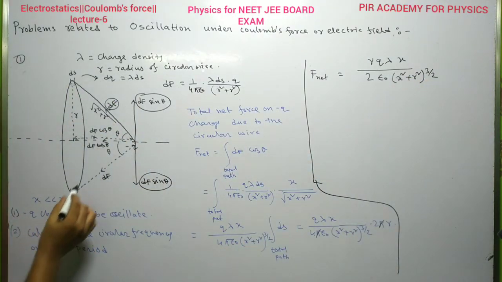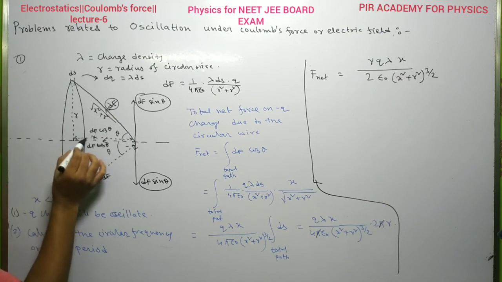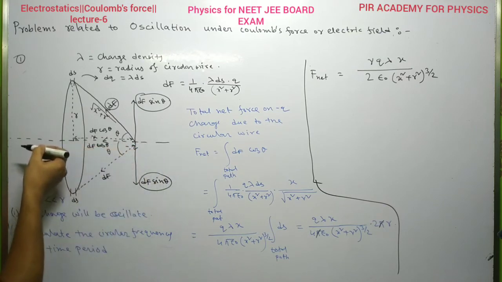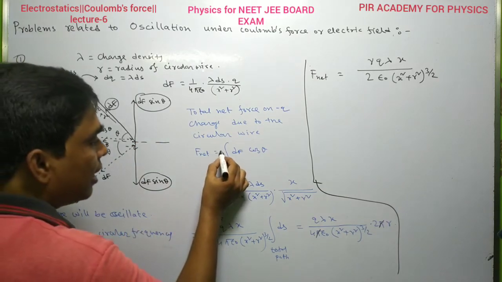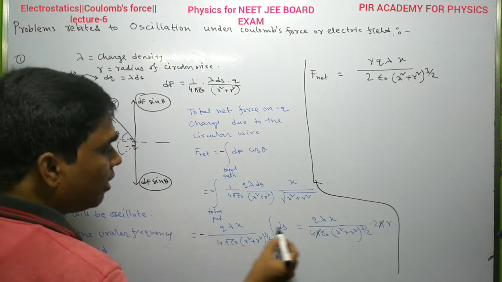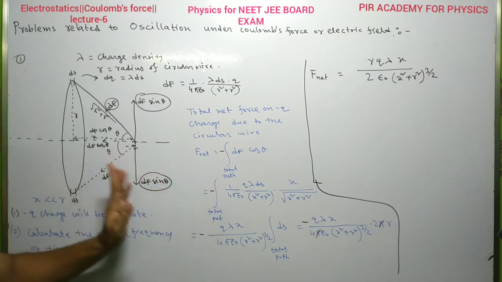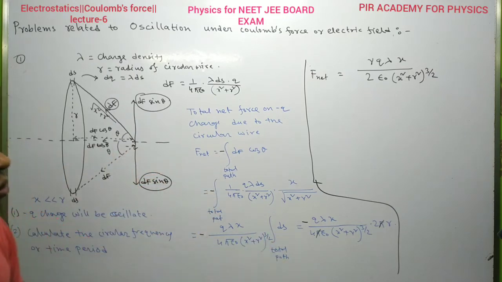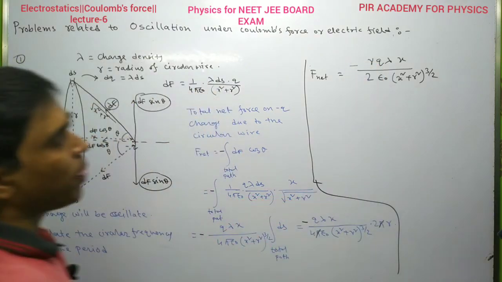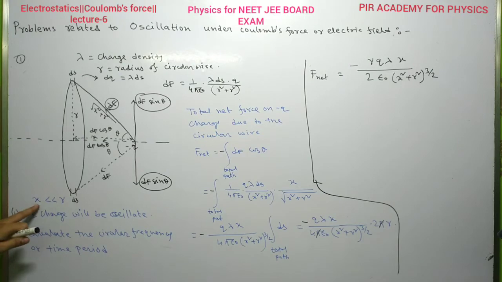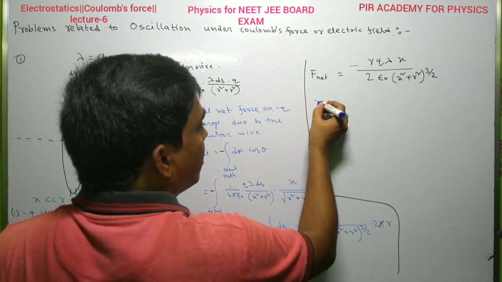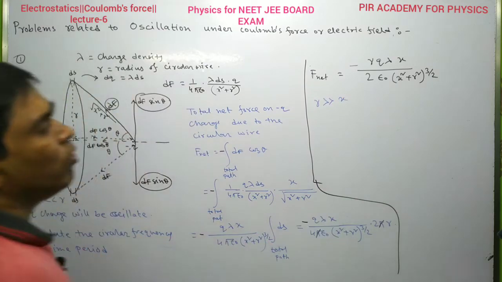And here you see that the distance x is along this direction and the force is along this direction, so it must be negative. Why negative? Because the direction of x is along this direction and the force is along this direction, so the net force will have a minus.